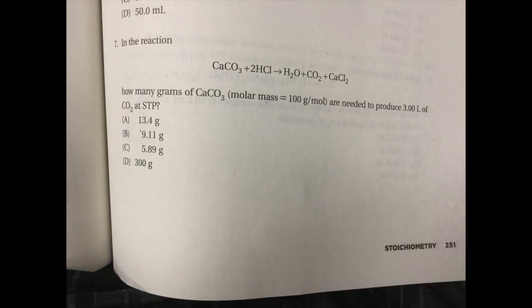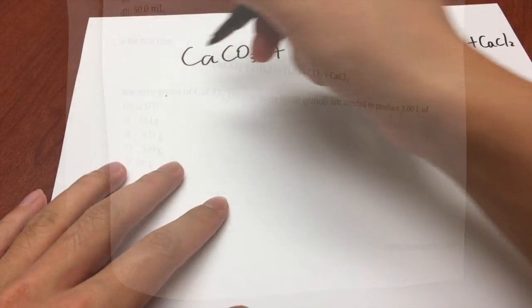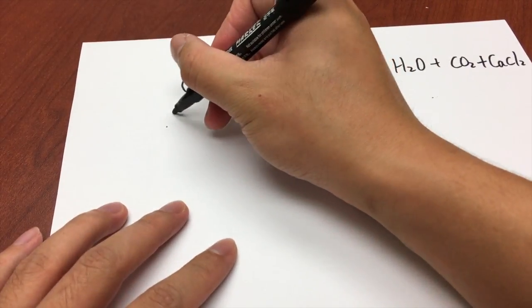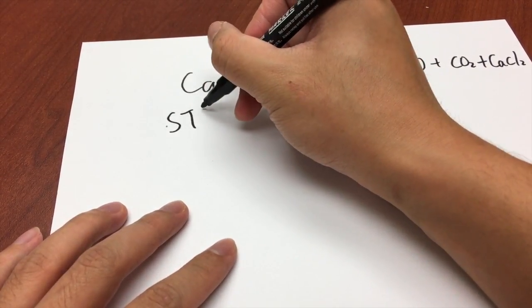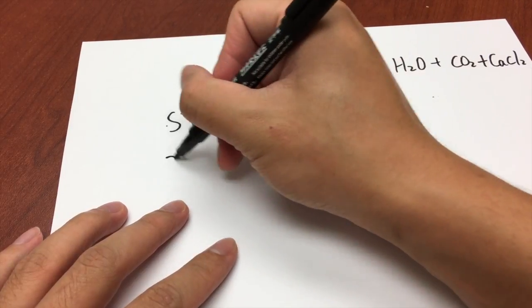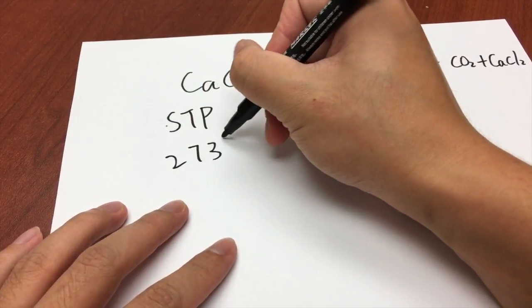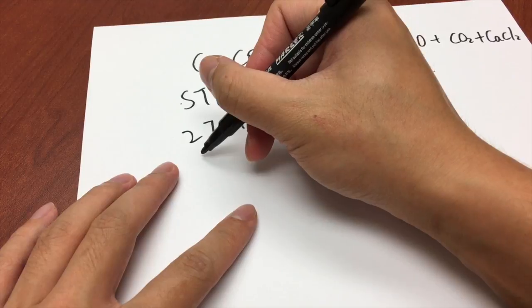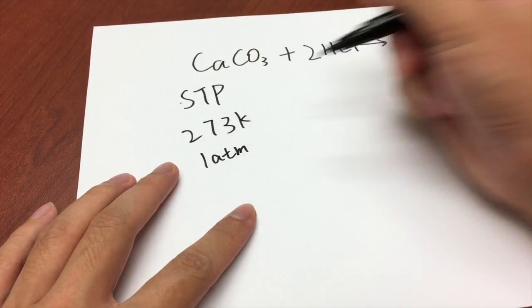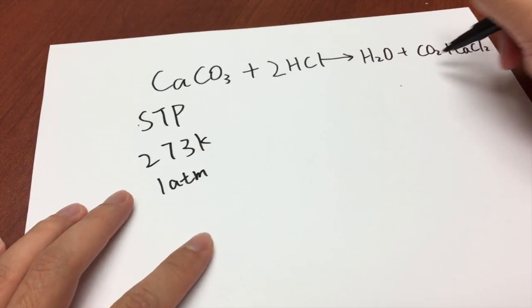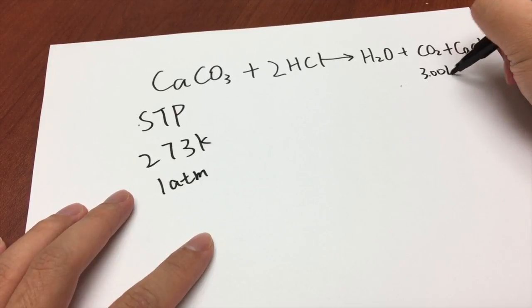How many grams of CaCO3 are needed to produce 3 liters of carbon dioxide at standard temperature and pressure? STP is standard temperature and pressure, which means the reaction will happen at 273 K and 1 atm.